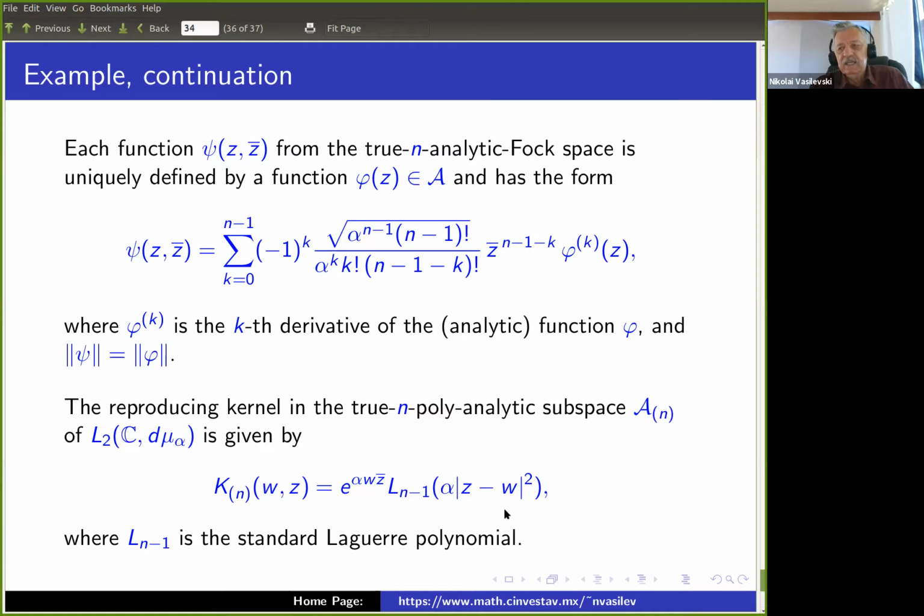Because in that case, there is no commonly accepted notion. What does it mean, n polyfock space? Because we can rearrange true n spaces in many different forms. So we suggested a natural definition of n polyfock spaces in various dimensions in terms of representation spaces for certain Lie algebra representations.